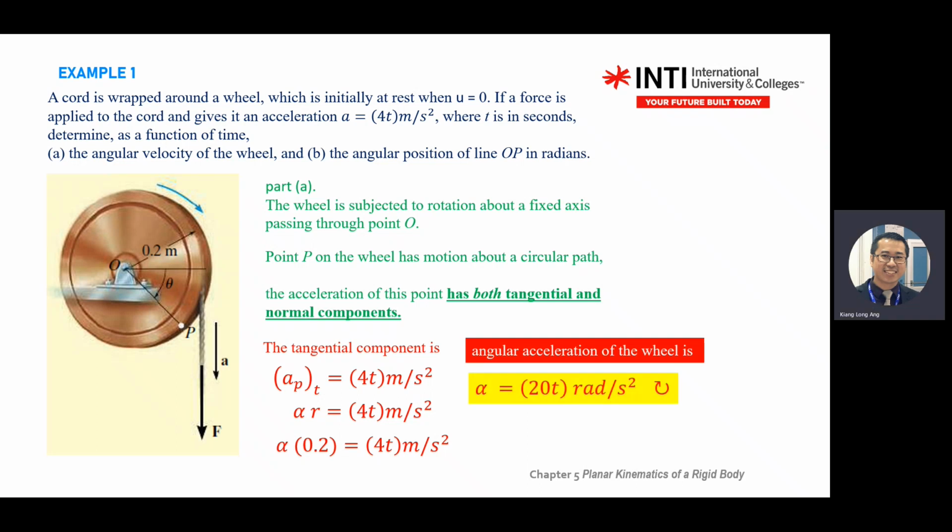So it asks you to find angular acceleration. You have the angular acceleration, 20t radian per second square. In what direction? Clockwise direction. That's the blue arrow. And you pull down, so it will rotate clockwise.